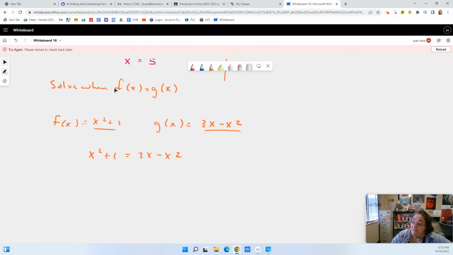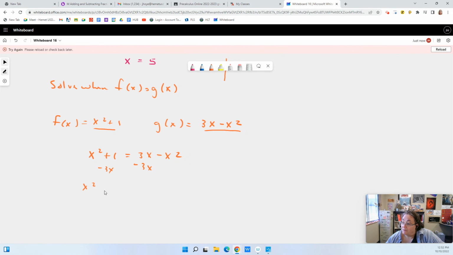Here, when it says f of x equals g of x, just take whatever equation is set equal to f of x and whatever equation is set equal to g of x, and you can set them equal to each other, right? And then we can go ahead and solve it, which, I'm going to do minus 3x over here. And I get x squared minus 3x.